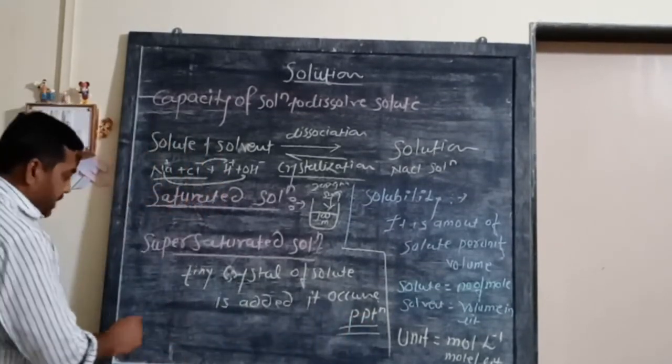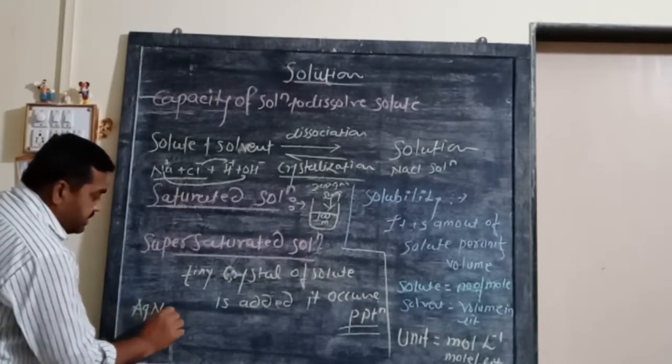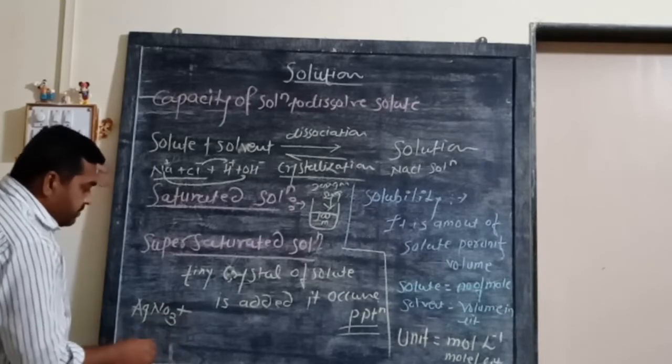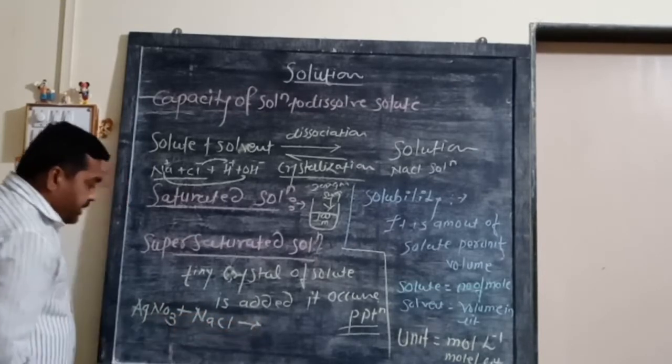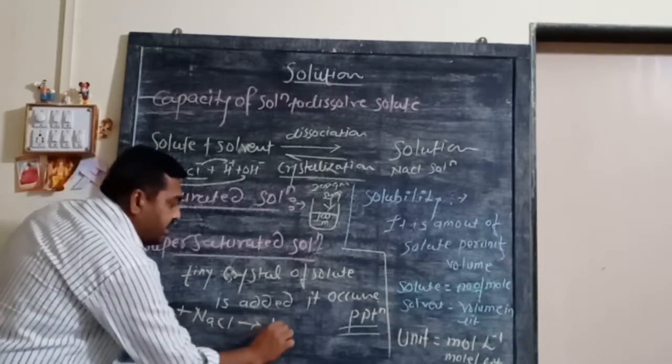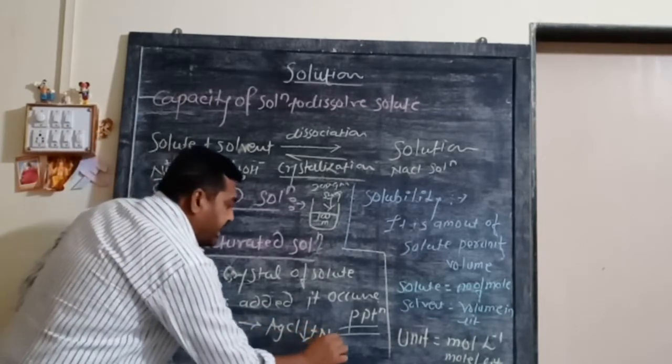Consider the example of silver nitrate and sodium chloride, which gives AgCl precipitate, and sodium nitrate is obtained as the side product.